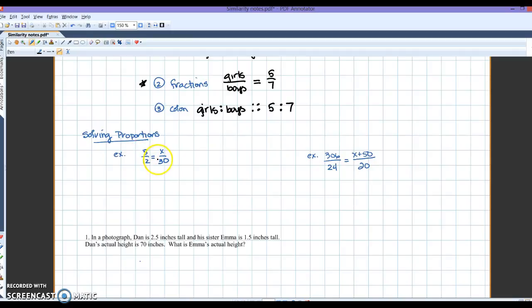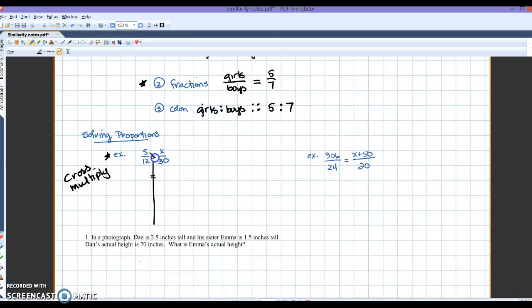So to solve a simple proportion like this example here, cross multiplying is the key. What I always do is draw a line down my equal sign so that I can see the difference between the left side of the equation and the right side of the equation, and I make sure that my equal sign stays on that line.